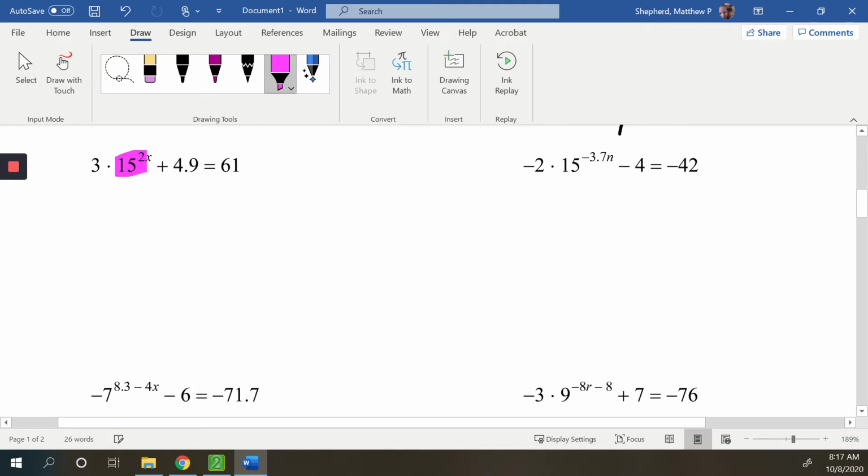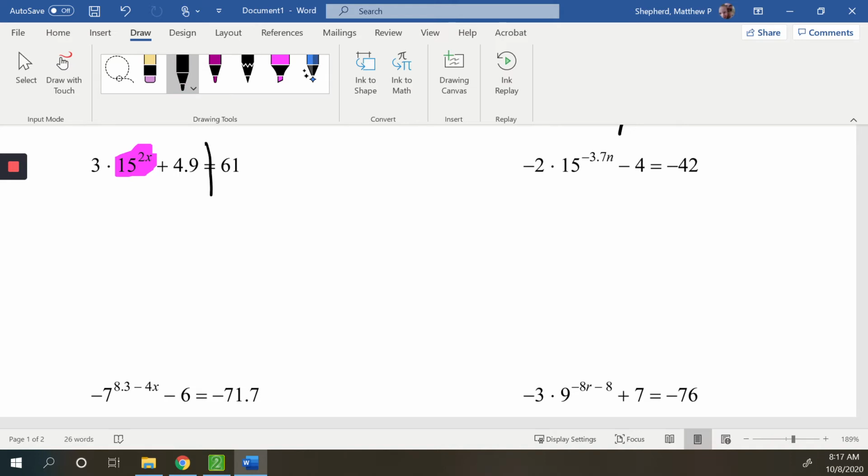All right, let's start. I need to get this exponential statement alone. There's my two sides. So let's begin by minusing the 4.9. We then have 3 times 15 to the power of 2x should be equal to 61 minus 4.9. So 56.2.